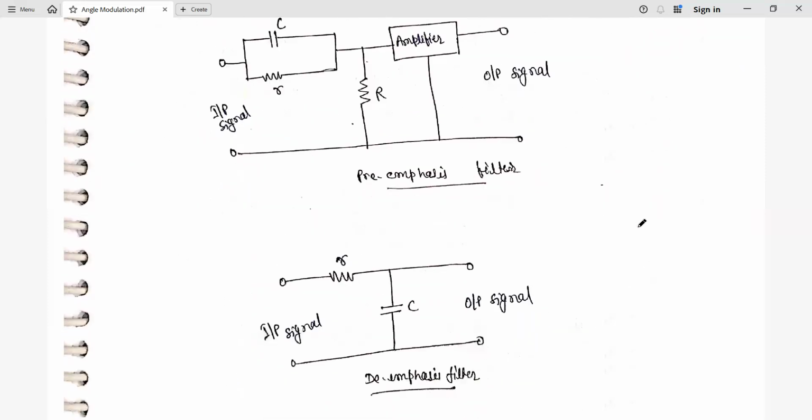Now, if you see the circuit diagram, in the case of pre-emphasis, the input signal, that is the message signal, is given to the circuit having a parallel combination of capacitor and resistance. Finally, at the output side we have a resistance, and from here the output is given to the amplifier, and this output signal is given for modulation.